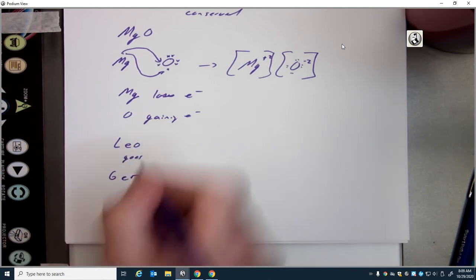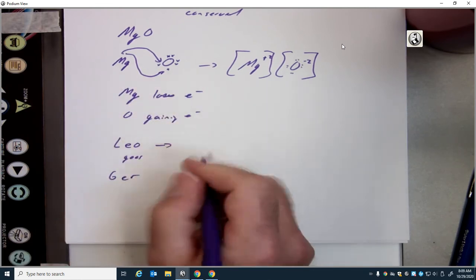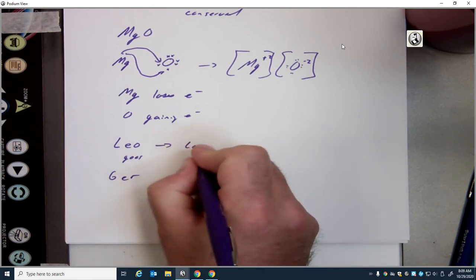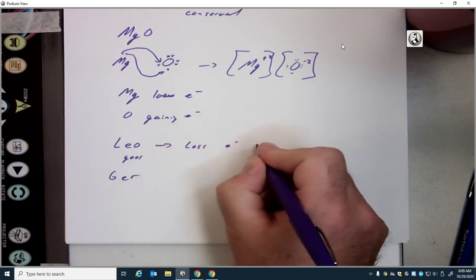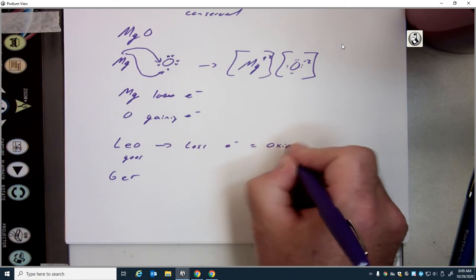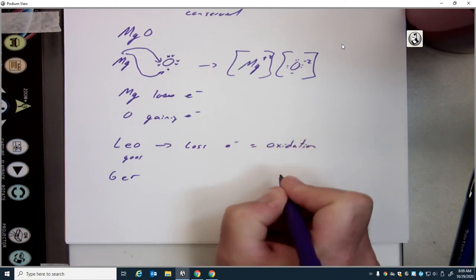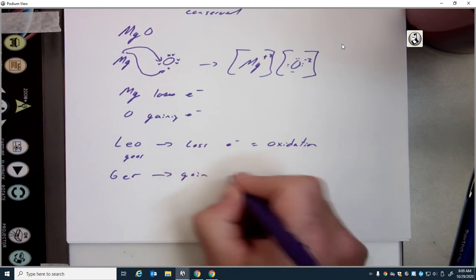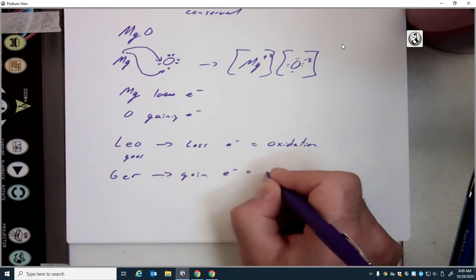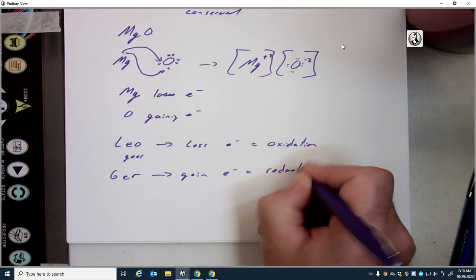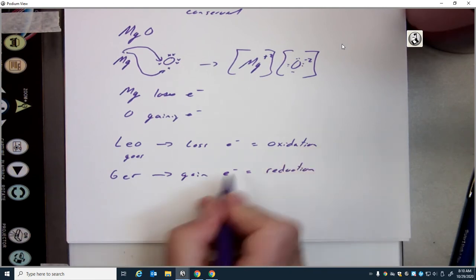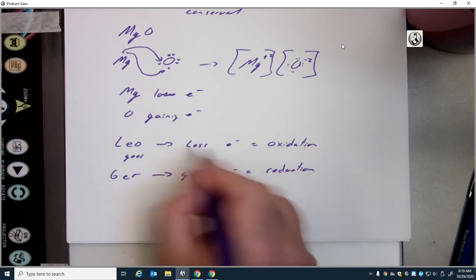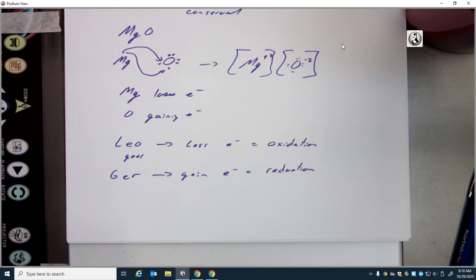It's just a little mnemonic we use to help us remember. So LEO stands for loss of electrons is oxidation. The thing that gains electrons goes through reduction. So a gain of electrons is reduction. A loss of electrons is oxidation.